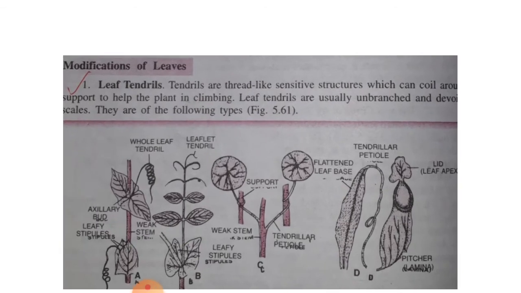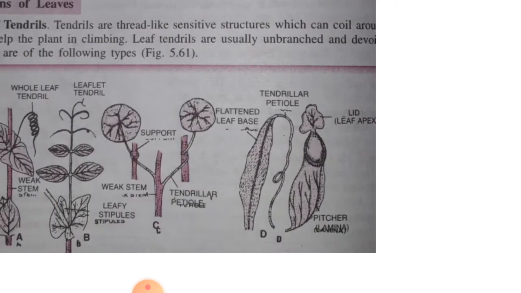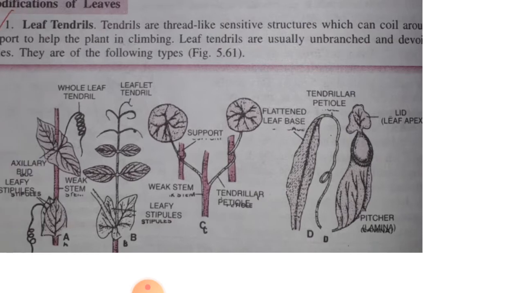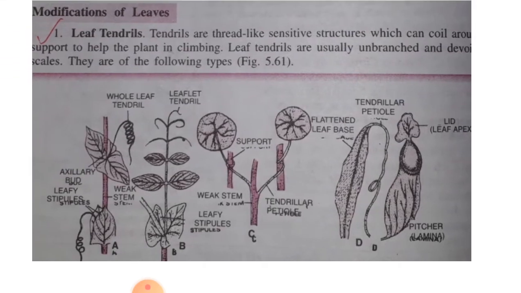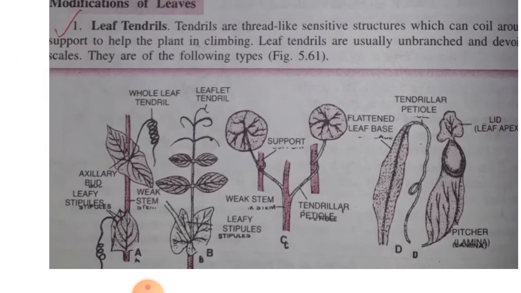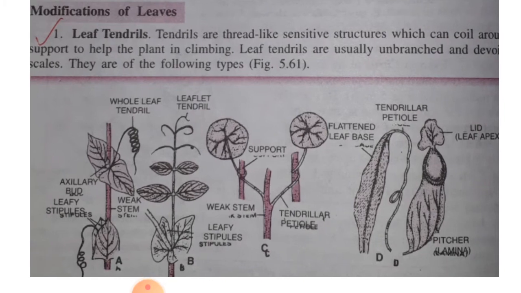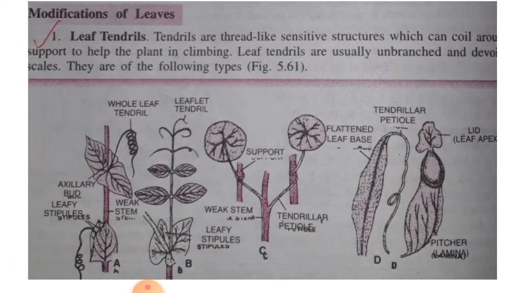Leaf tendrils. Leaf tendrils are thread-like sensitive structures which coil around a support to help the plant in climbing. Leaf tendrils are usually unbranched and devoid of scales. They are of various types.